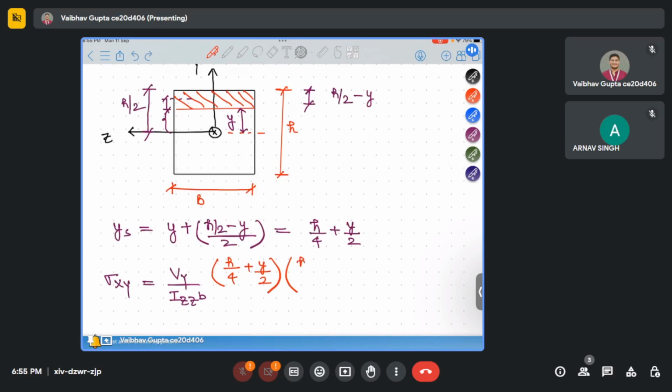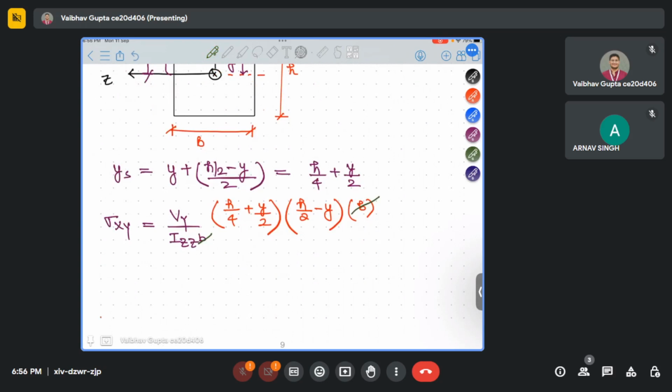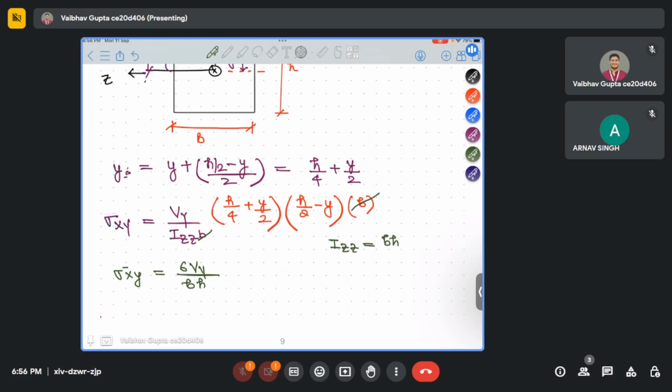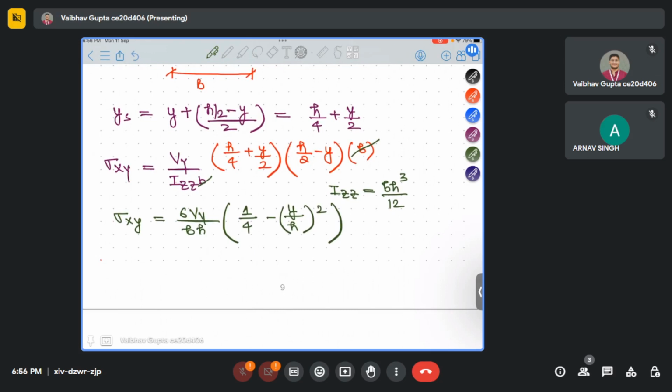So it is h by 2 minus y, into b. Now this b will cancel out. After cancelling, the final expression we get is 6Vy by bh, and after opening Izz, which is bh cube by 12, we get 1 by 4 minus y by h whole square.